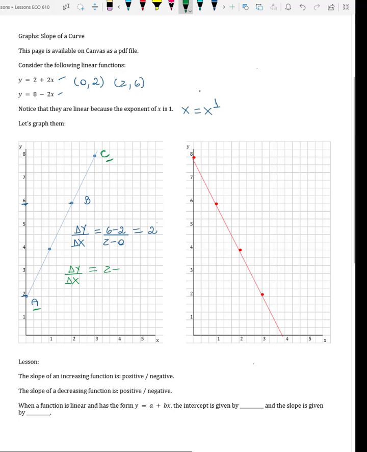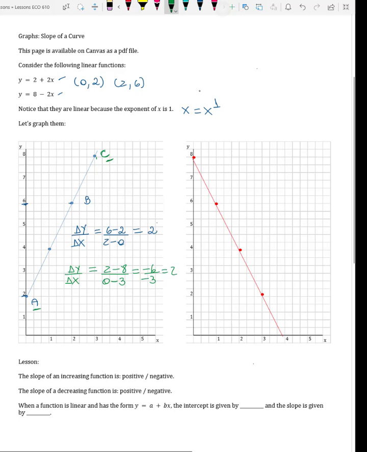So it's 2 minus 8. And my x is changing from 3 to 0. So it's 0 minus 3. That is minus 6 divided by minus 3, again, equals 2. You can pick any 2 points in a line. The slope is always going to be the same.